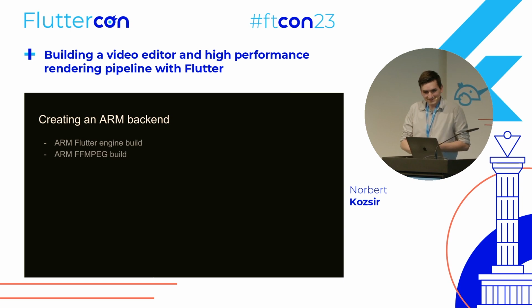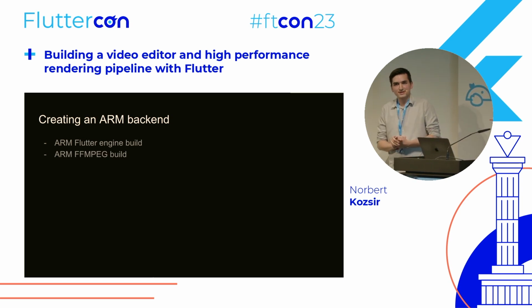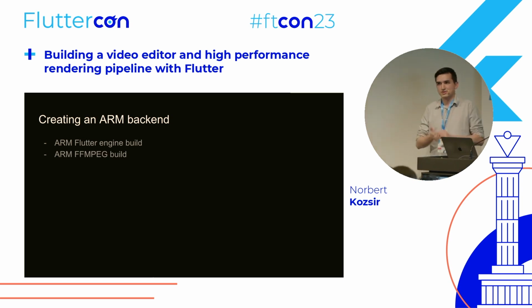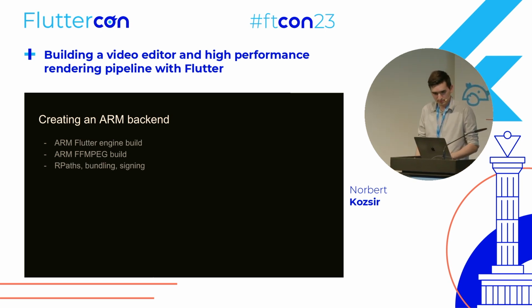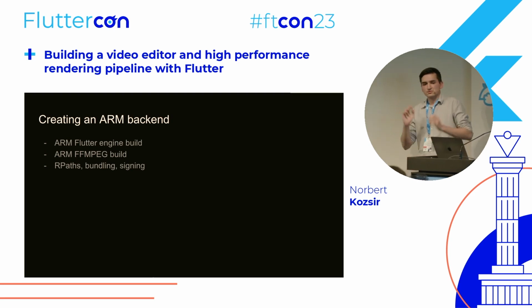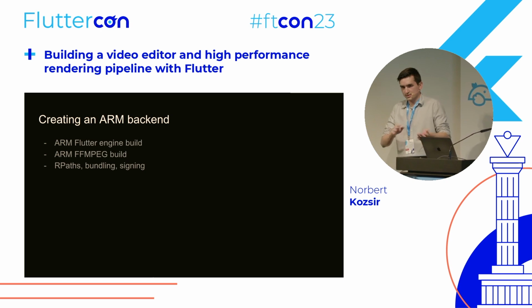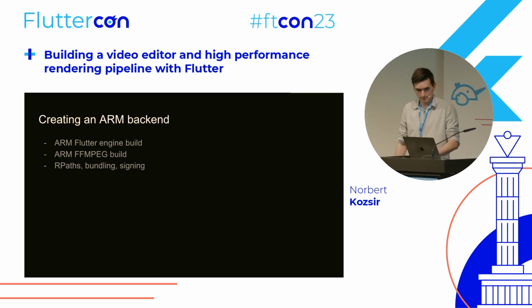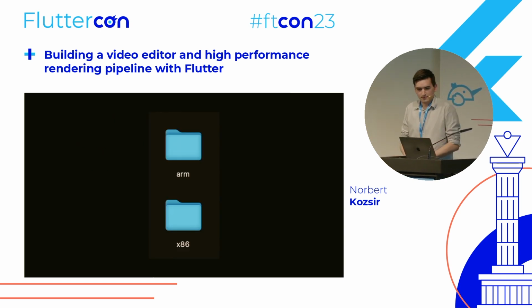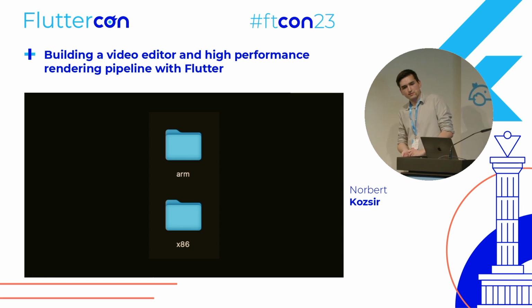I needed an ARM ffmpeg build, so the dynamic libraries needed to be ARM because they were doing a lot of the heavy work, so they needed to be performant too. And again, doing all the RPath bundling and signing is also part of why the scripts became complicated. I needed the ARM RPaths to point somewhere else, and so on. At the end, there are 2 folders where all the binaries are, ARM and x86.